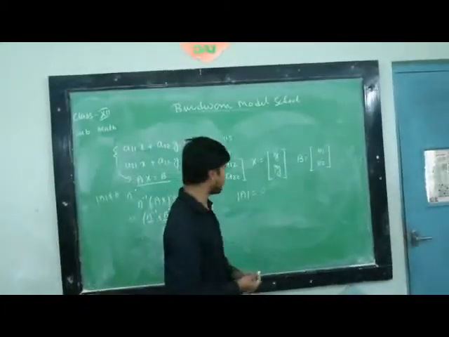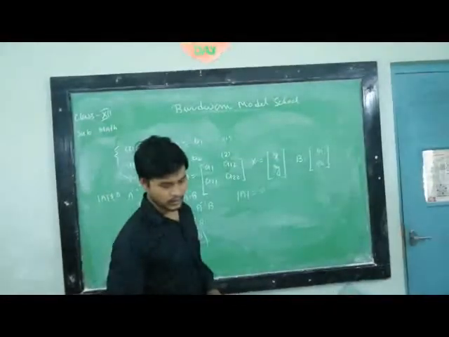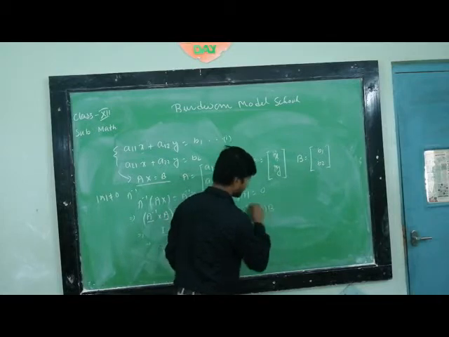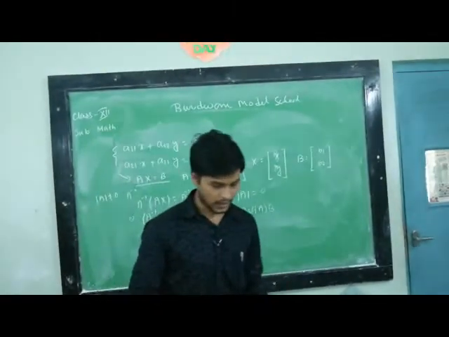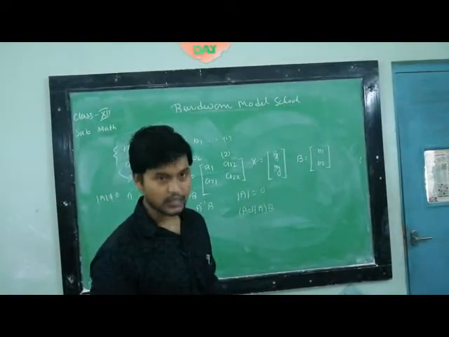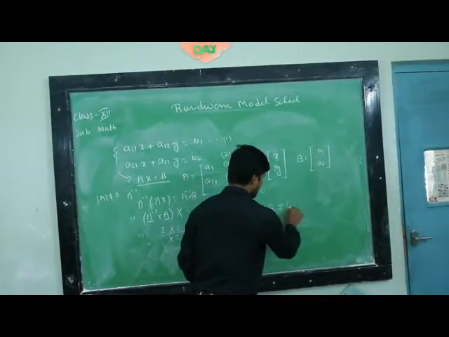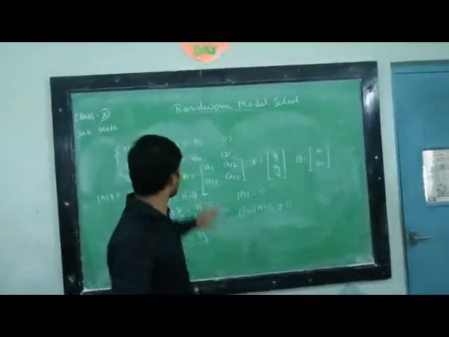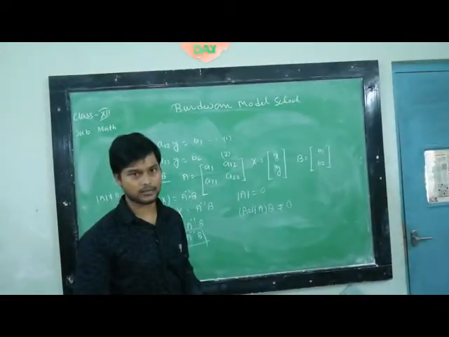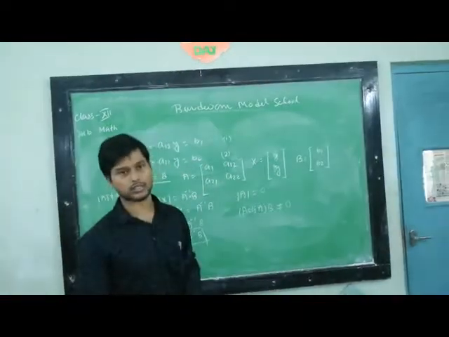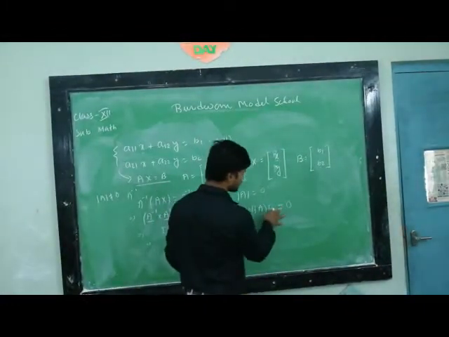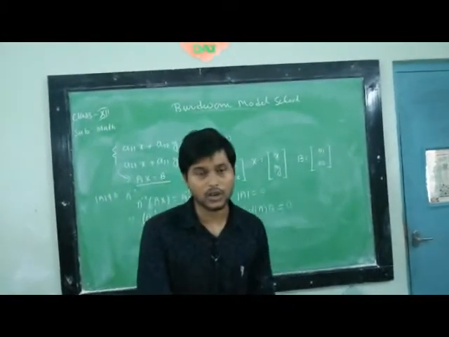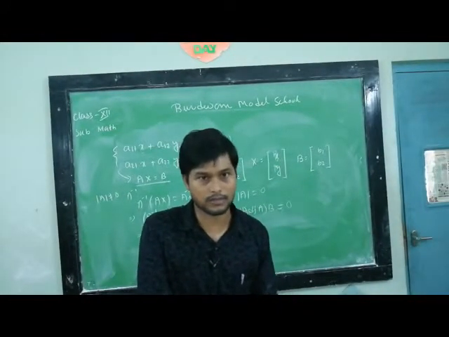If A is a singular matrix, then we have to calculate the value of adjoint A into B. If adjoint A into B is not equal to 0, then the solution of the given equations does not exist, which means the system of equations is inconsistent. And if this is equal to 0, then the system is consistent, and in that case we have an infinite number of solutions.